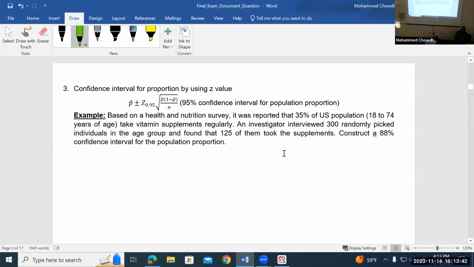Based on a health and nutrition survey, it was reported that 35% of the US population 18 to 74 years of age take vitamin supplements regularly. An investigator interviewed 300 randomly picked individuals in the age group and found that 125 of them took the supplements. Construct a 95% confidence interval for the population proportion.